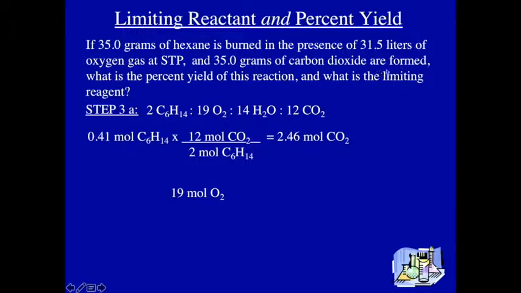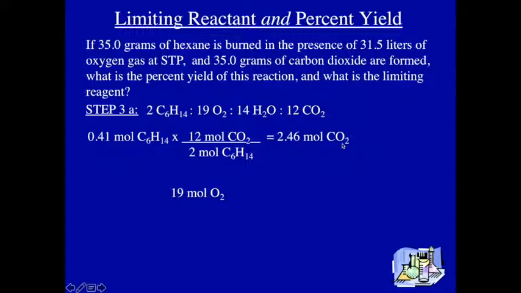So we have to put that moles of hexane that we have through our mole ratio conversion. We cancel out our hexanes. We end up with the moles of carbon dioxide produced, which would be 0.41 times 12 divided by 2, which is 2.46 moles of carbon dioxide.